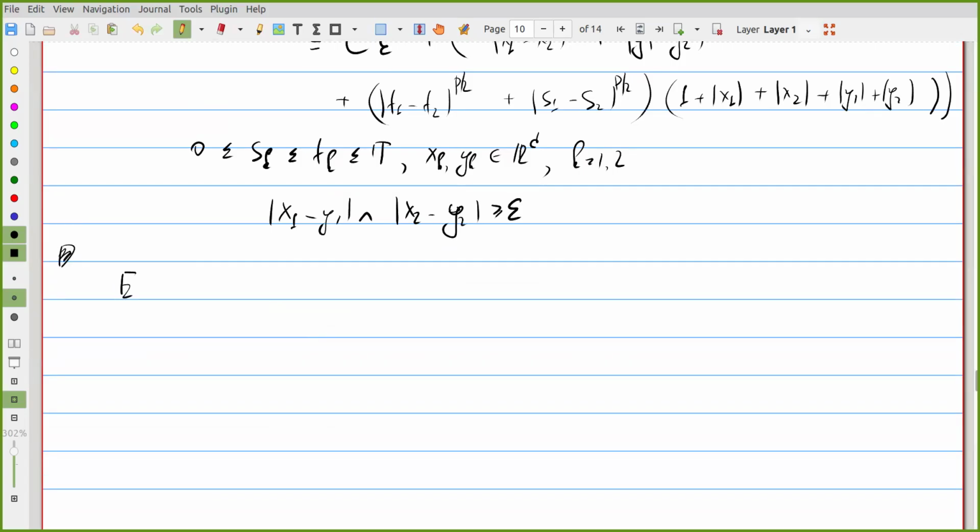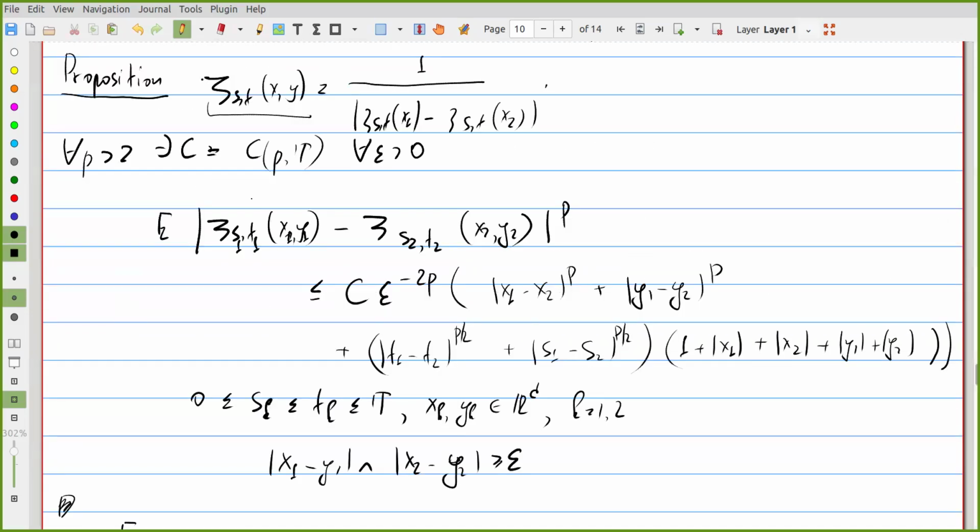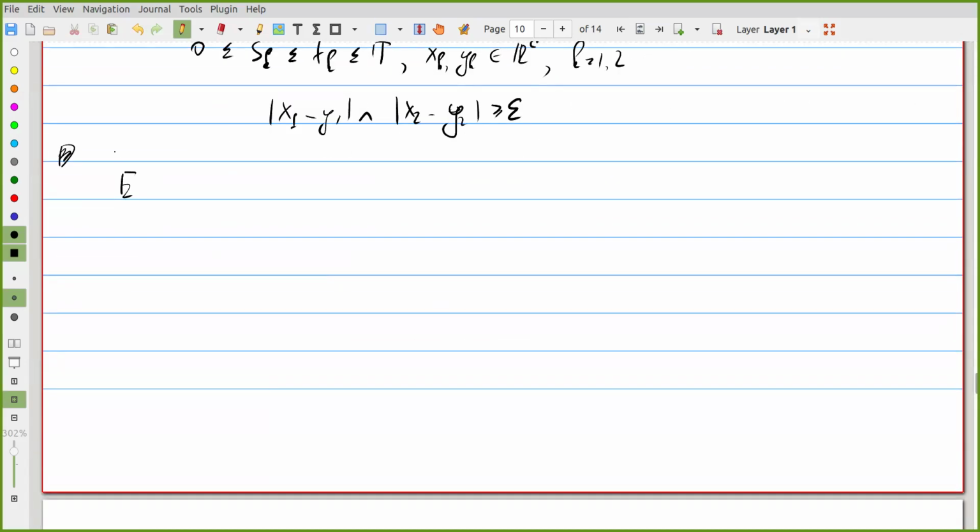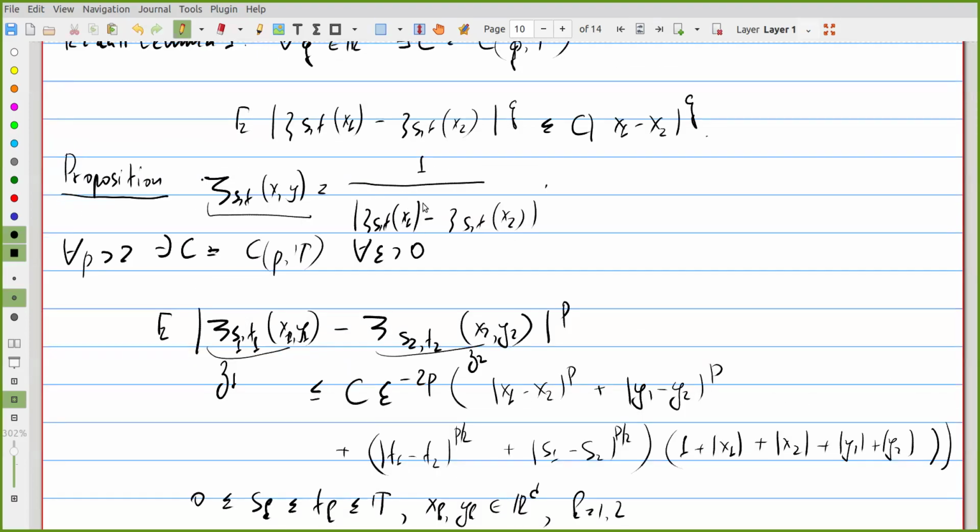Let us denote this Z1, and this is Z2. And let us consider Z1 minus Z2 to the power p. And this is 1 over something like this.